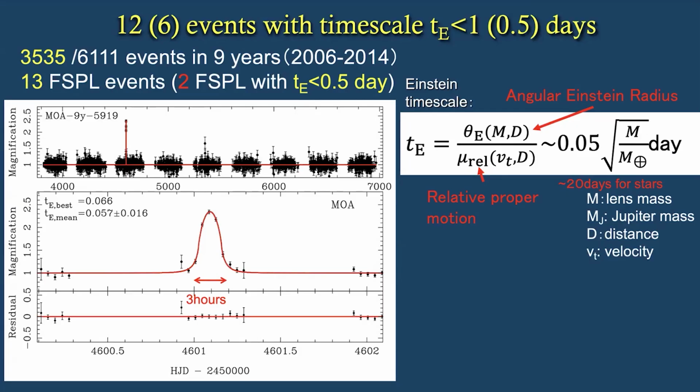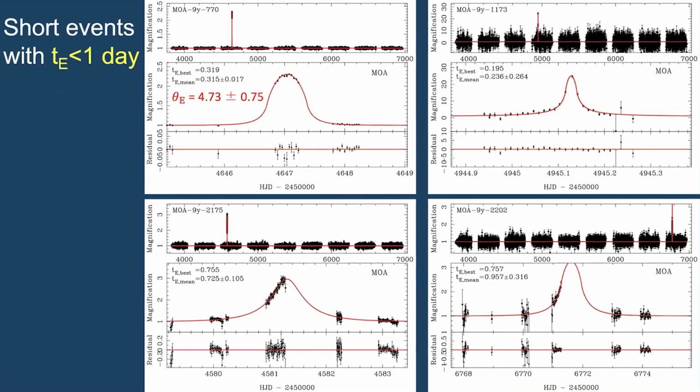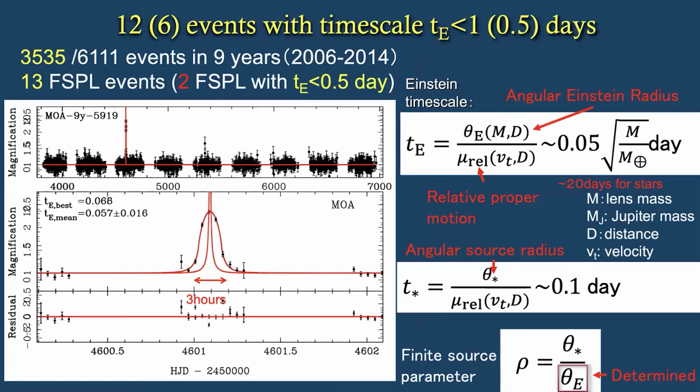So these are the planetary mass candidates. In this sample, we also found 13 events with the finite source effect, so we could measure theta E, the angular Einstein radius.